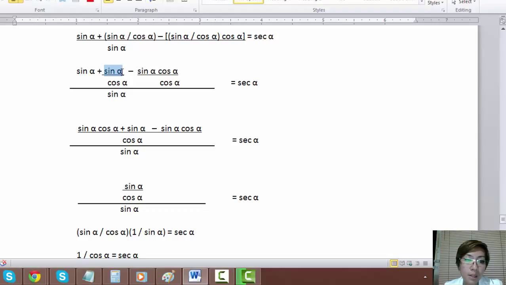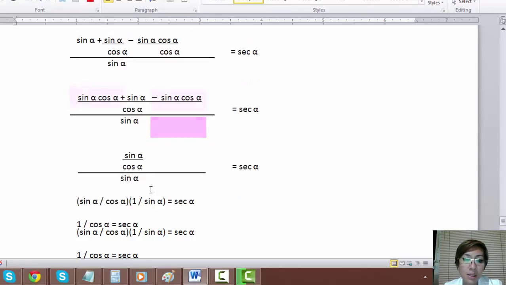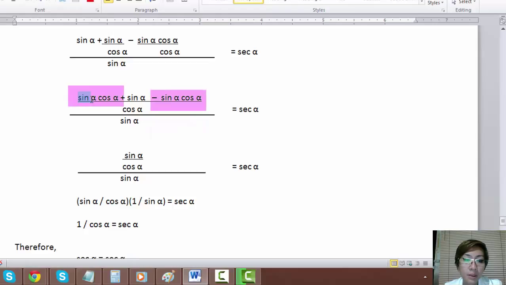Next, since this is a positive sine alpha cosine alpha, we can do a subtraction with this one, since it is minus sine alpha cosine alpha, resulting in the remaining numerator on this term as sine alpha over cosine alpha. So the same denominator, sine alpha, equal to the right term, which is secant alpha.